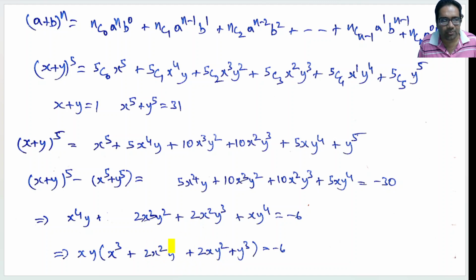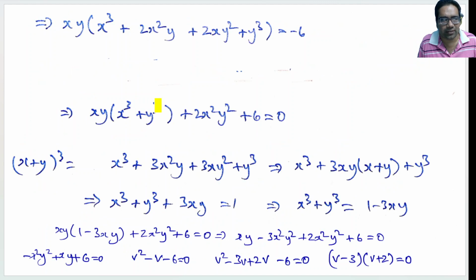If you take 2xy common, we'll be left with 2xy times x plus y. But x plus y is 1. So these two terms will reduce to 2xy only. These terms will reduce to 2xy, and xy into that 2xy will become 2 x square y square.